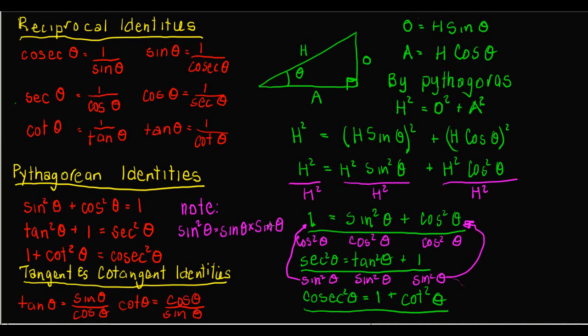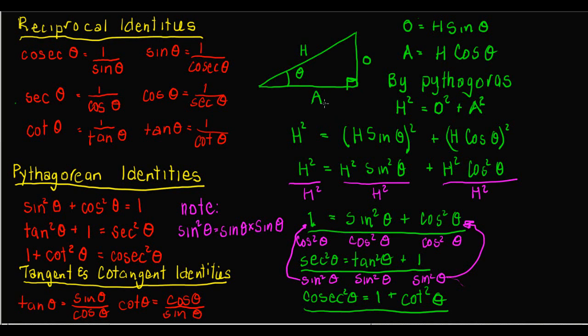Now, what I wanted to have a look at now is these Pythagorean identities. So we start with our right angle triangle, and the hypotenuse of course being the longest side, opposite the right angle. We've got our angle theta here, and the side opposite that, O for opposite and A for adjacent.